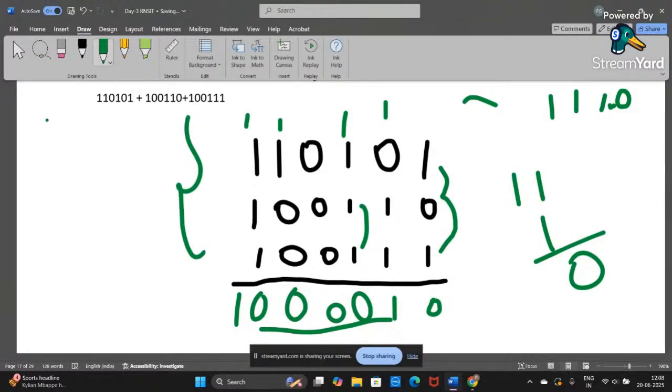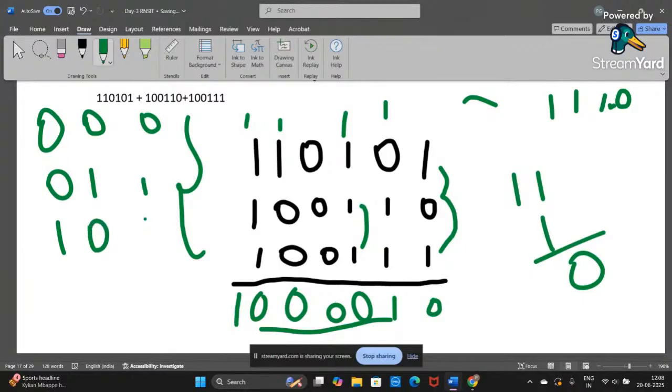So what is the thing is, we have to follow the same addition. We'll start with 0. 0 plus 0 it is 0. 0 plus 1 it is 1. 1 plus 0 it is 1. 1 plus 1 it is 10. In that we're writing only the 0 and 1 will be carry forwarded.